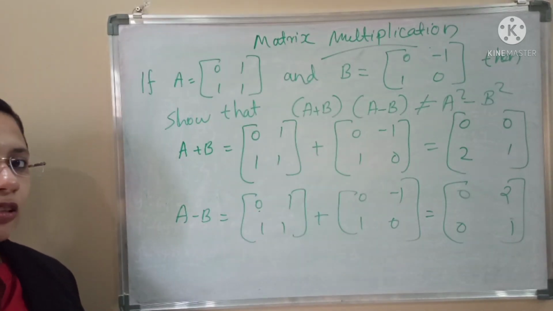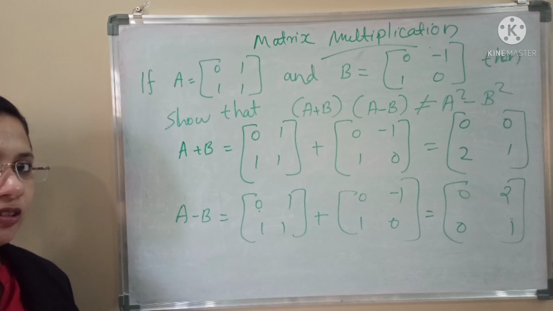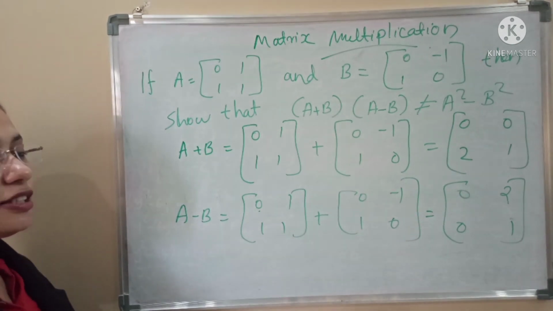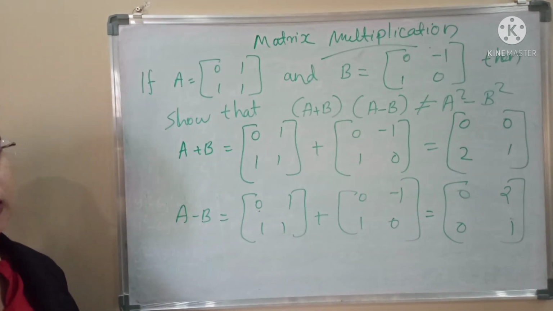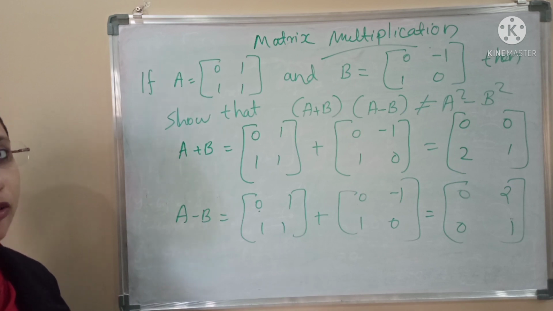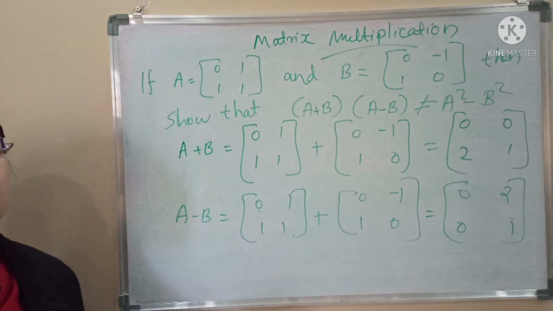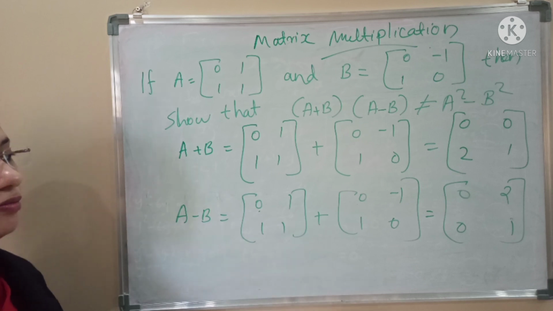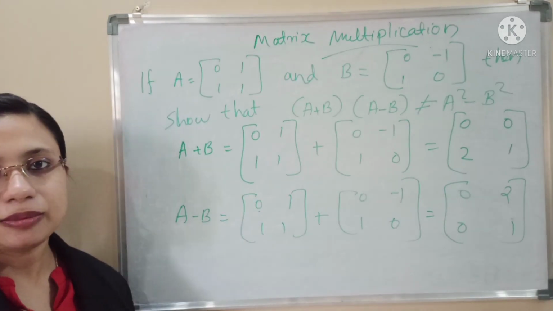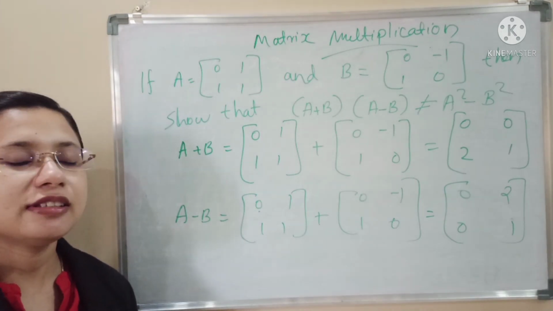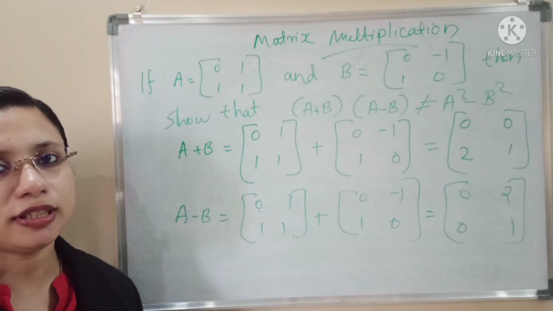So the addition and subtraction is the very important thing. You have to keep all the operations of addition and subtraction very carefully. While doing these problems, addition and subtraction is very important.